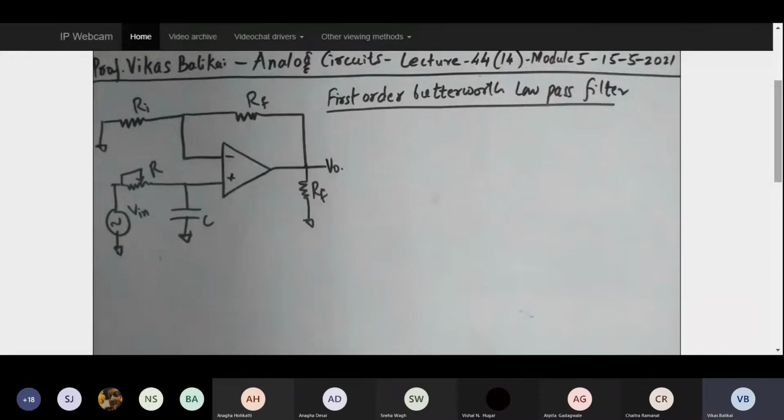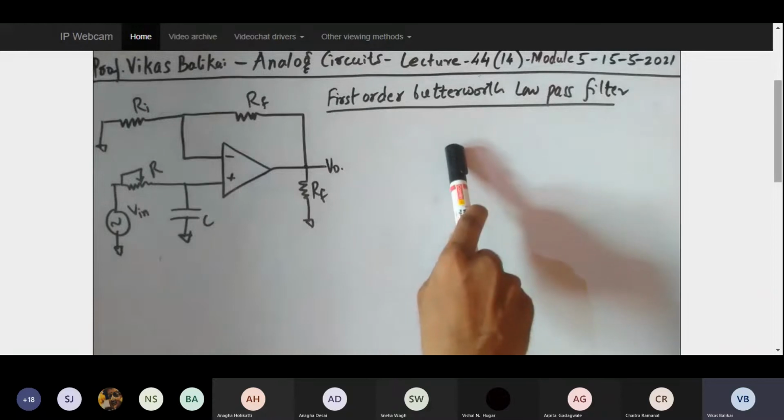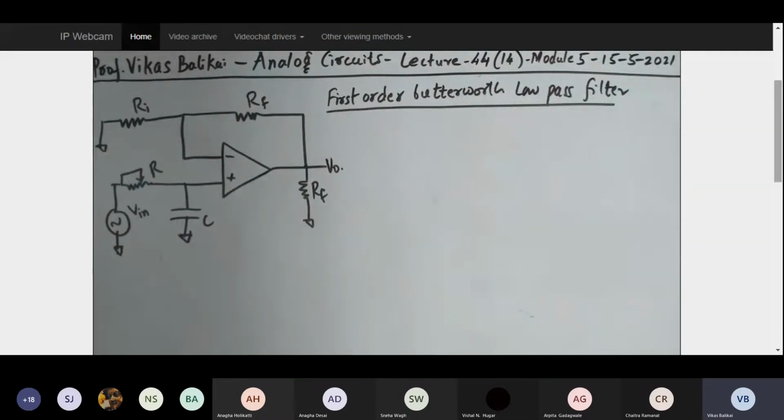Filters. Before coming into what exactly we mean by a first order Butterworth low pass filter, let's get into some of the basics of filters. Basically, a filter or an electric filter is often known as a frequency selective circuit, which means it is going to pass a specified band of frequencies and block a specified set of frequencies.